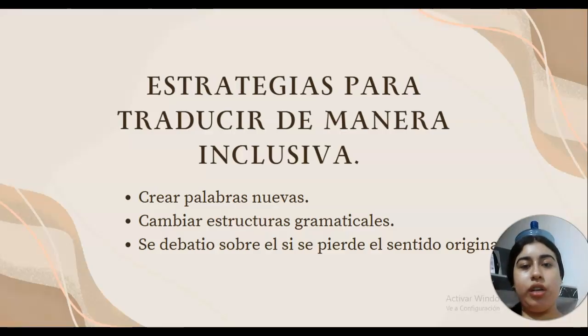Some strategies include creating new words or changing grammatical structures to avoid the predominance of the masculine. However, this generates debate: some believe it changes the original meaning of the text, while others think it is a way to make language fairer.